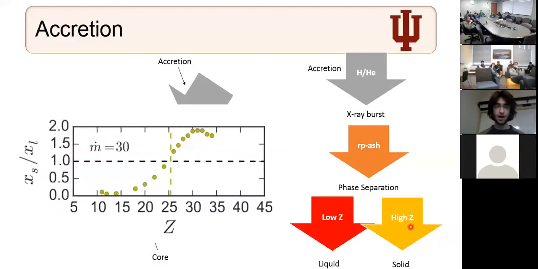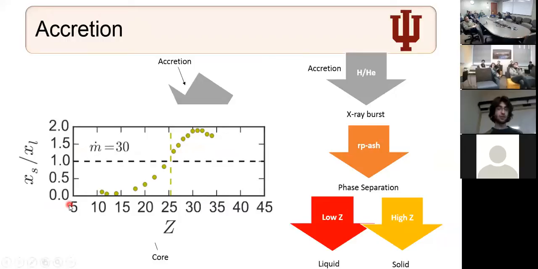Okay, so I mentioned a paper a minute ago, which was McKinven et al. 2016. And in that paper, they calculated the phase separation that you should expect from the base of the ocean after the RP process. So they take a bunch of different compositions following a burst of RP burning, and they say this is how it should phase separate.